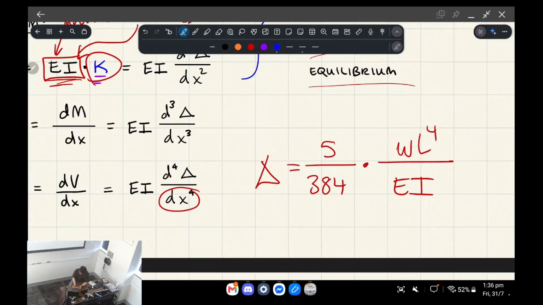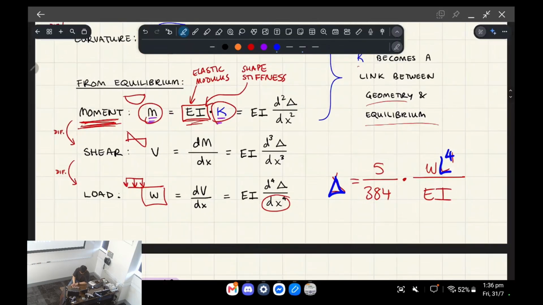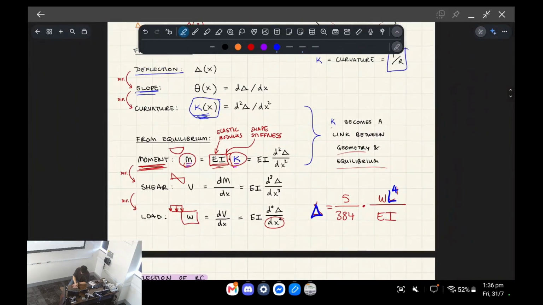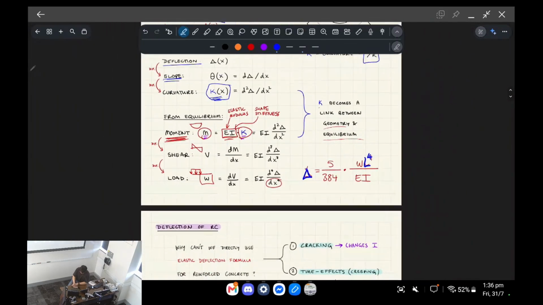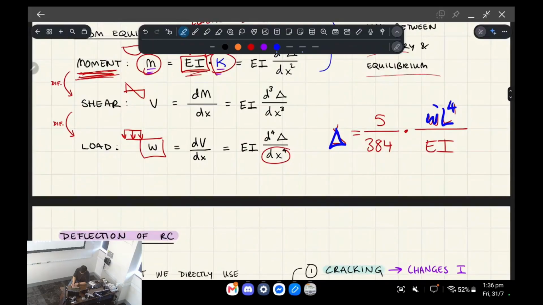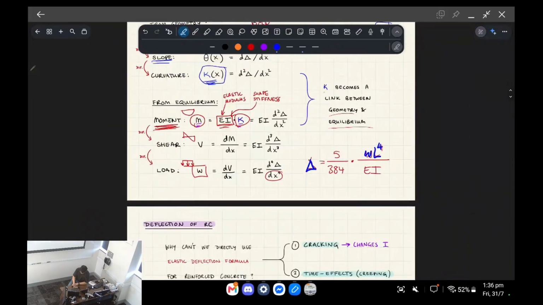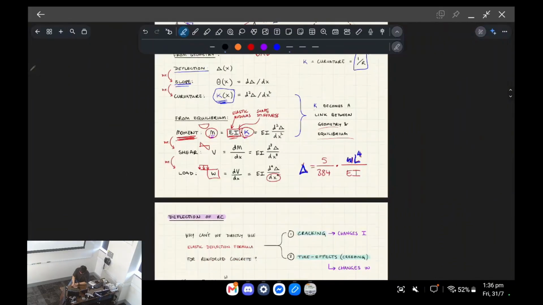So what I'm trying to say is that delta is related to the length with a polynomial order of 4. And that comes from 4 steps of differentiating between delta and W. Anyway, you get the idea. That's where all this comes from.